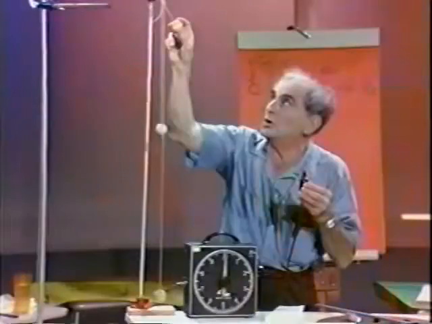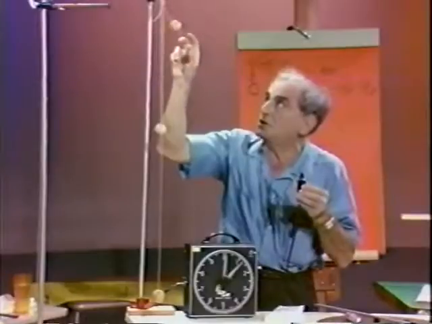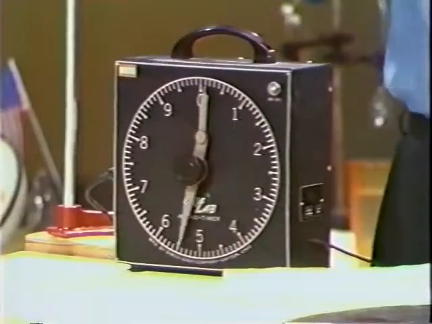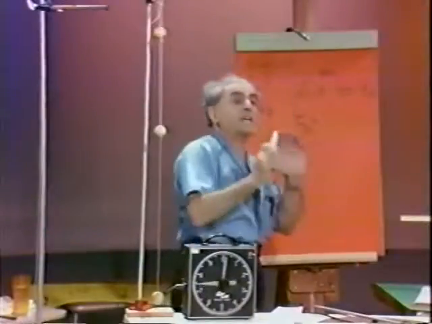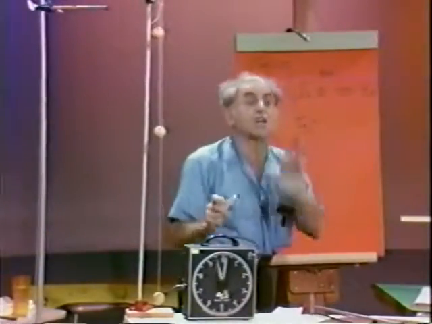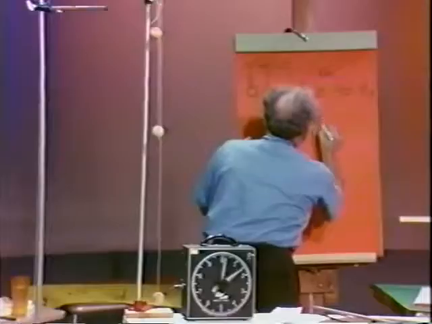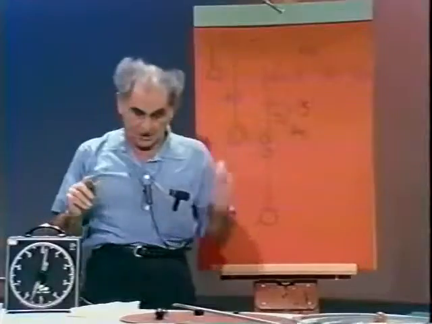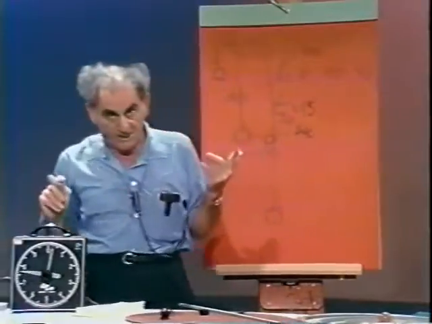So I would start this. 0, 0, 1, 2, 3, 4, and I would count 20 oscillations. And what would I get? Probably in this laboratory, I would get about 13 seconds. Now where you are, say Colorado on a high mountain, you would get a different time.